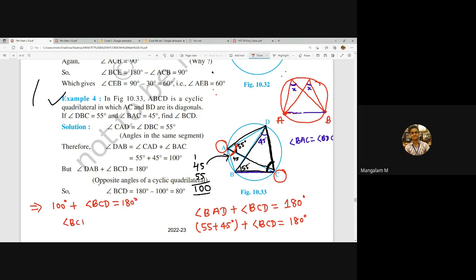Finally, you will get BCD is 180 minus 100, which is 80 degrees. So the measurement of this angle is 80 degrees.